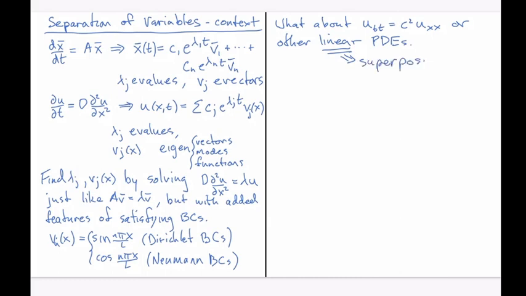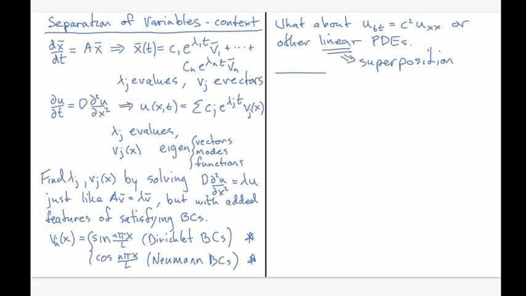And once you have superposition, if you can find eigenvalues and eigenvectors, then those are sort of simple cases to solve, right? We were able to solve for the eigenvalues and eigenvectors in these boundary condition cases pretty easily. And then you multiply it by the exponential factor, and if you have superposition, you can add those up and be sure that you're still going to have solutions to your original equation.